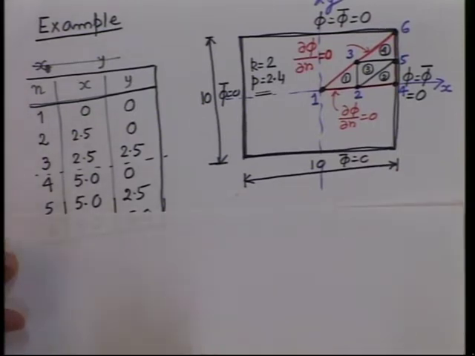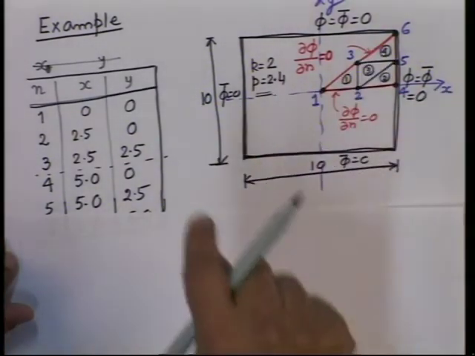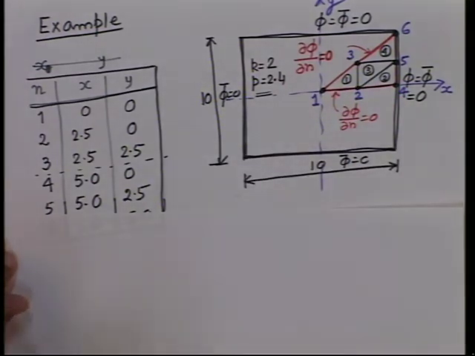See, global numbers and local numbers. So, 1, 2, 3 of element number, these are the global numbers that we always give. Then we can start from any node number and move in anti-clockwise direction. But then you have to say which is your local numbers 1, 2, 3.